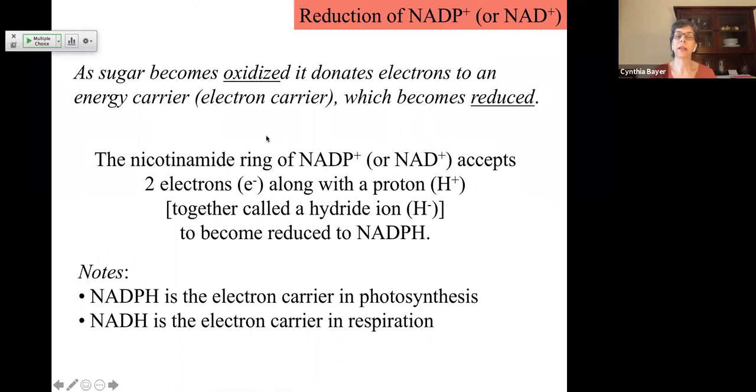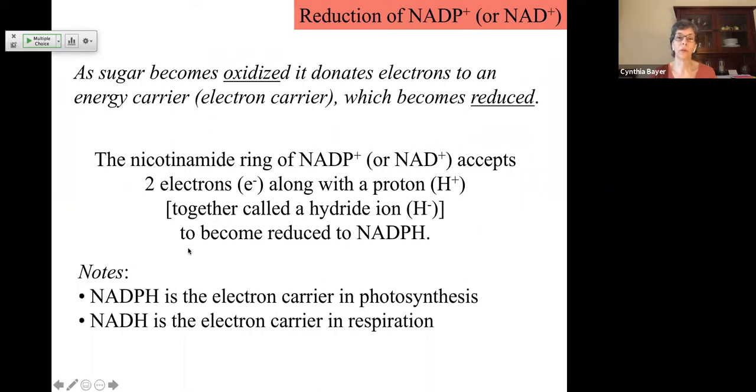Now, electrons are also moved around in photosynthesis, which we'll be talking about 2 weeks from now. And the figure that we have to show from our textbook is actually a related electron carrier called NADP+. In either case, the same kind of electron transfer occurs where the oxidized form of these molecules accepts 2 electrons and a proton, which we call a hydride ion, and they become reduced.